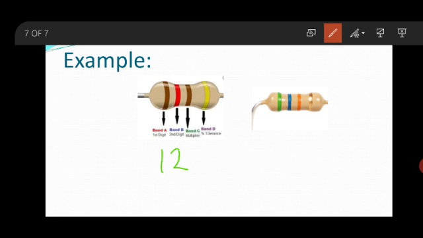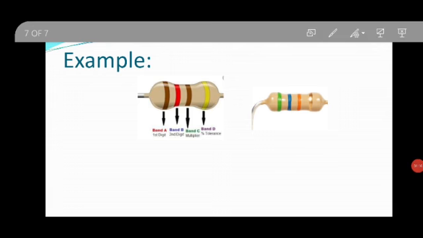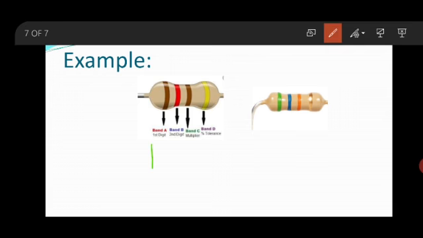So the first value is 1, then red is 2, next is brown, 1. Now the value of the resistance is 121 ohm.